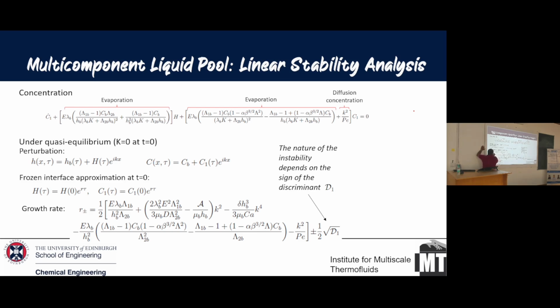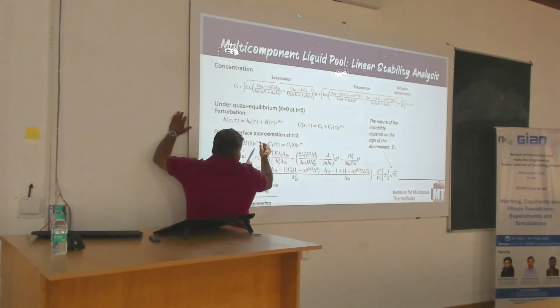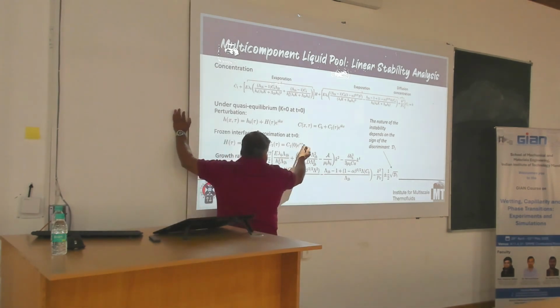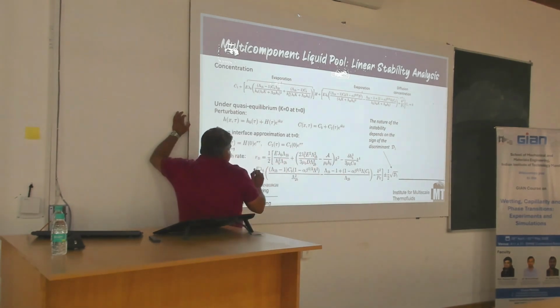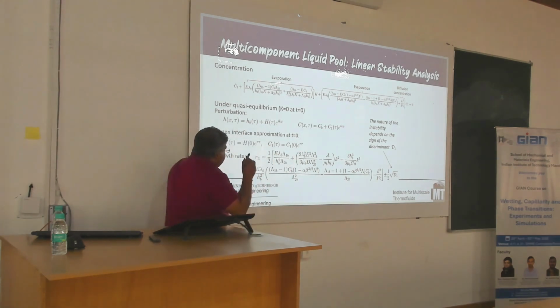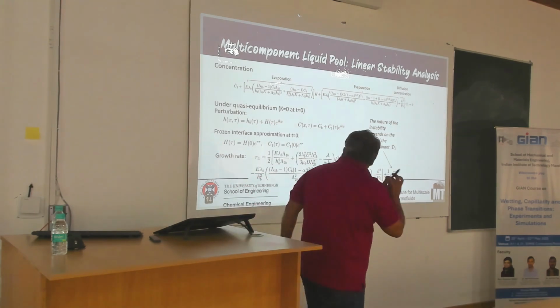So the height of the interface with time is the initial height h0 e to the power R tau. Similarly, concentration evolves with time as well. So you'll have evolution with space as well as evolution with time. And R is the growth rate in time. The idea is we want to understand what R is.